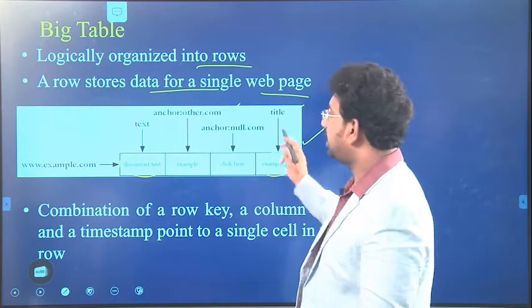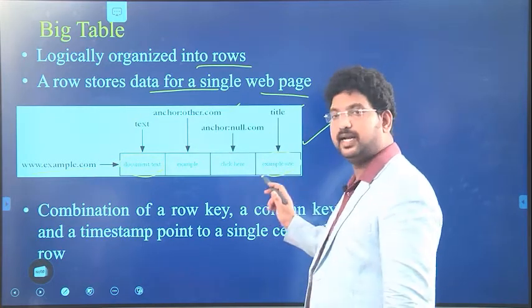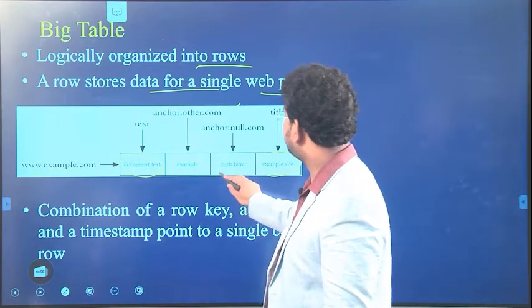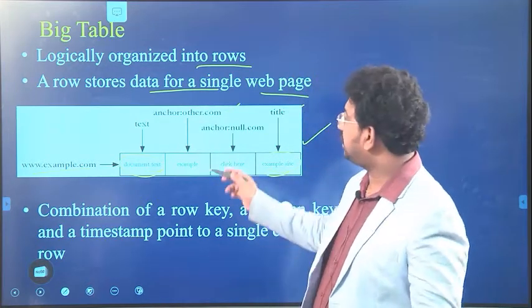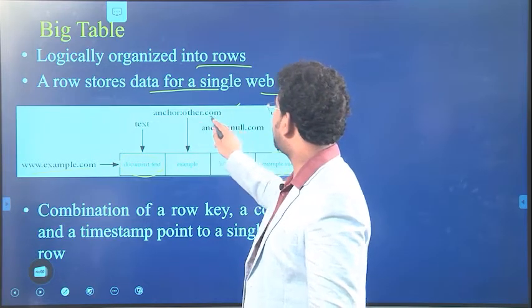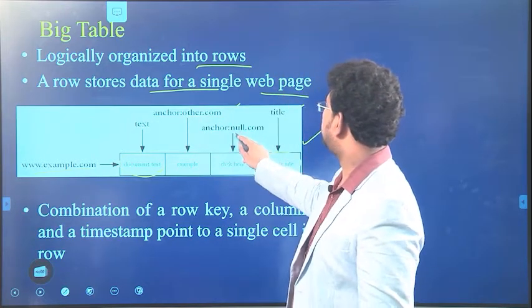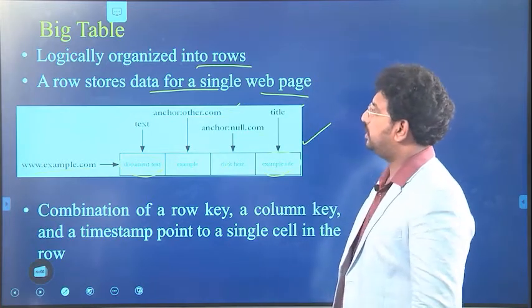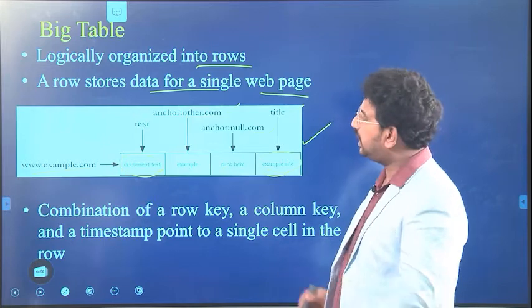The anchors are the different links associated with example.com: there is a link to other.com and there is a link to null.com. This is how the Bigtable is logically organized.